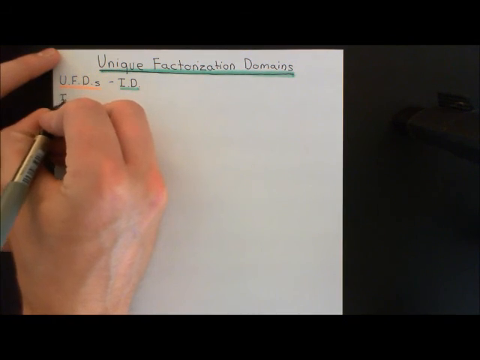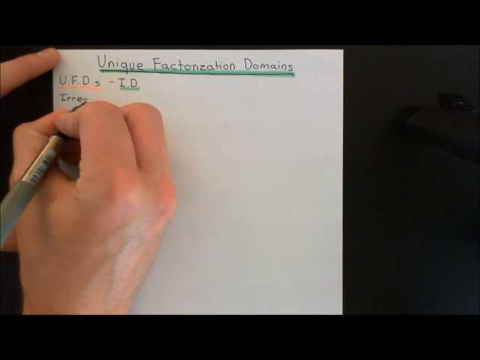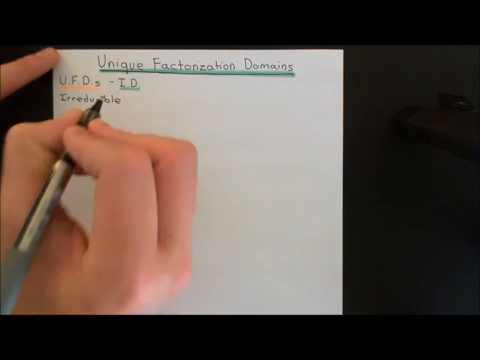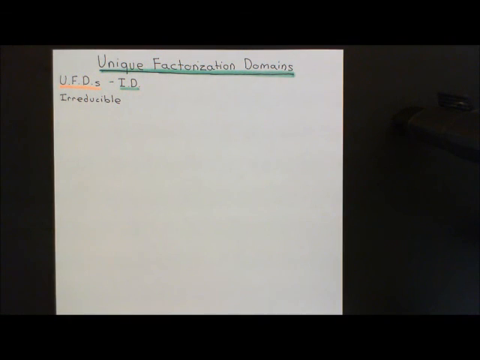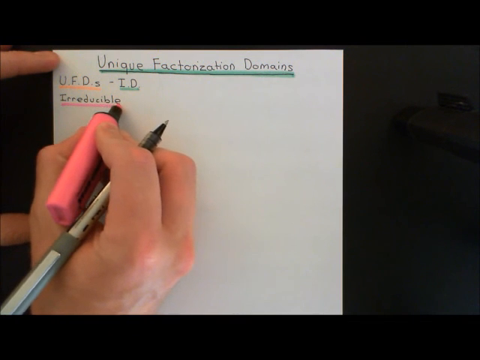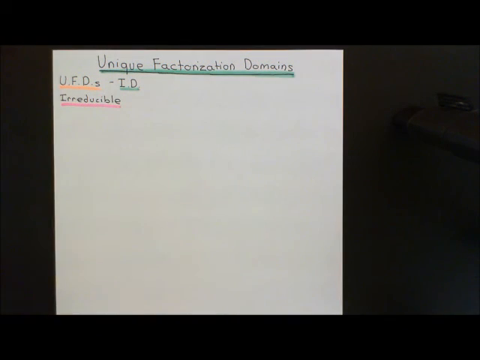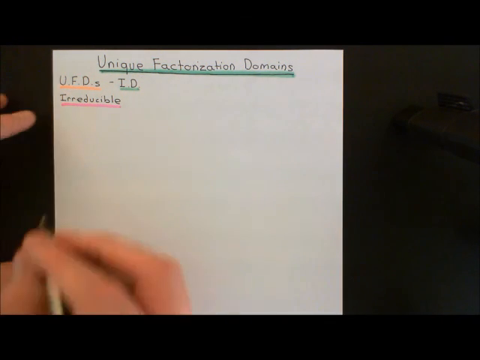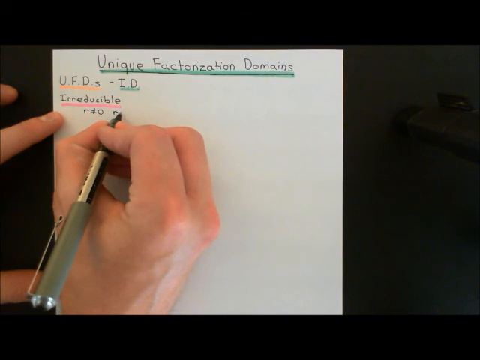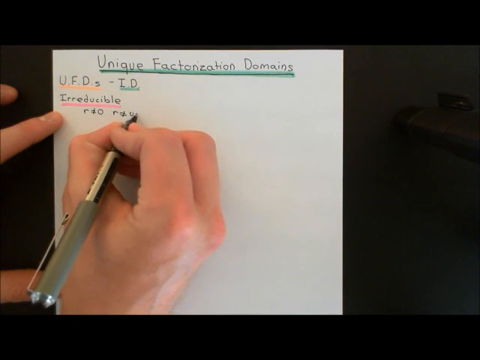Irreducible is really important in the next condition that we want a unique factorization domain to obey. An irreducible element is a non-zero, non-unit element in a commutative ring. This holds for an arbitrary non-zero commutative ring. So r is not equal to the additive identity, and r is not a unit.